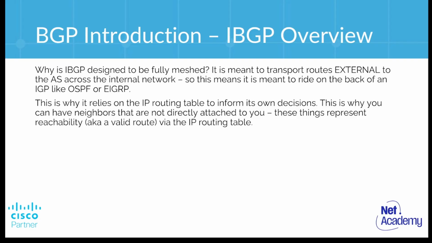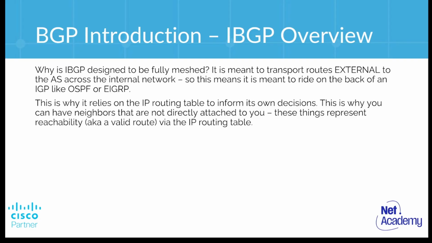Like I mentioned before, IBGP might not even be needed, or it might not even be needed to be meshed at all. But I think it's important to understand the origins on these things so that when something's not working, we can add that as a tool into our troubleshooting tool belt. So this means that it was really meant to ride on the back of an IGP like OSPF or EIGRP. It's going to utilize that IP routing table to also inform its own decisions.